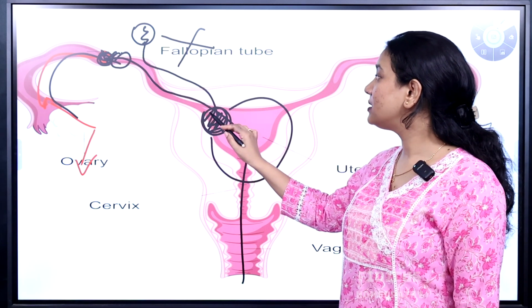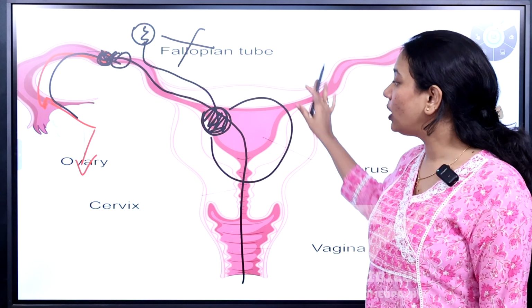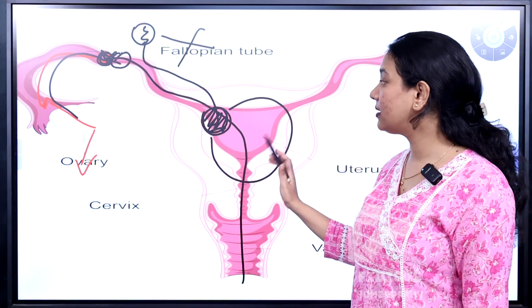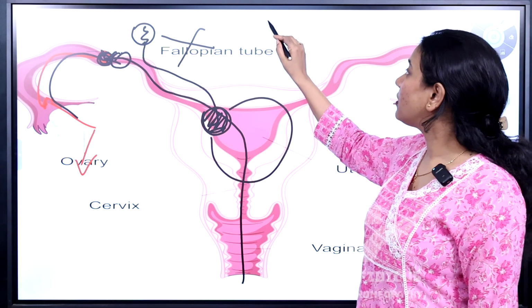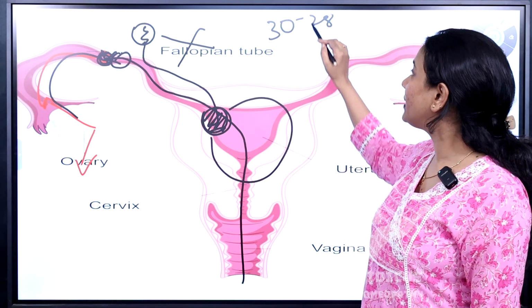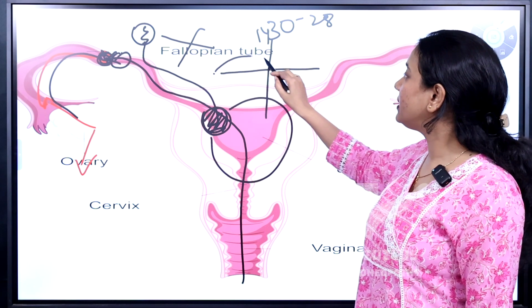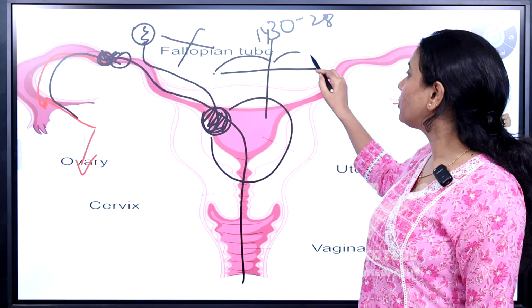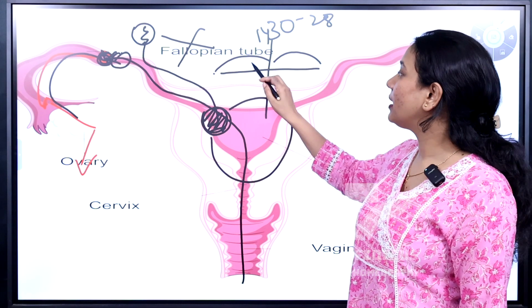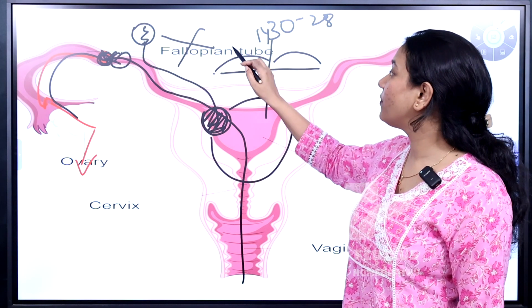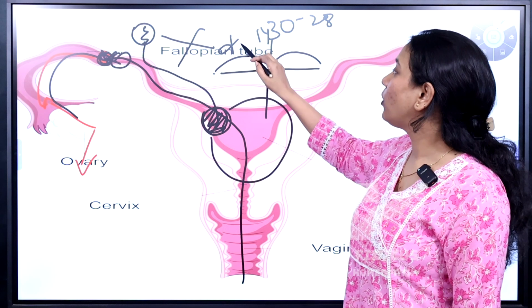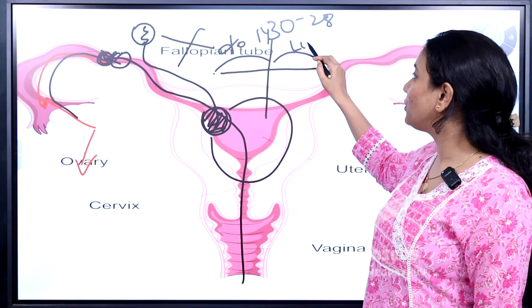The uterus is always prepared for pregnancy, and that is why there is a 30-day cycle, or your 28-day cycle. From the first day of your period to the 14th day, and then from the 14th day to the next day of your period, there are two phases. The first phase is called the follicular phase, and the next phase is called the luteal phase.